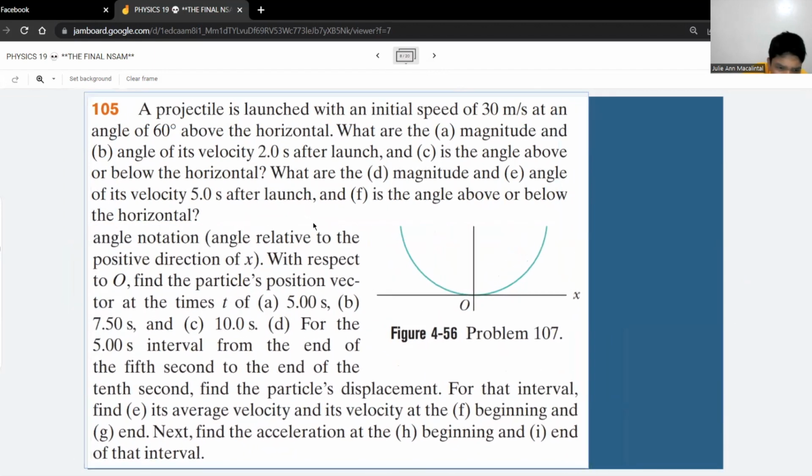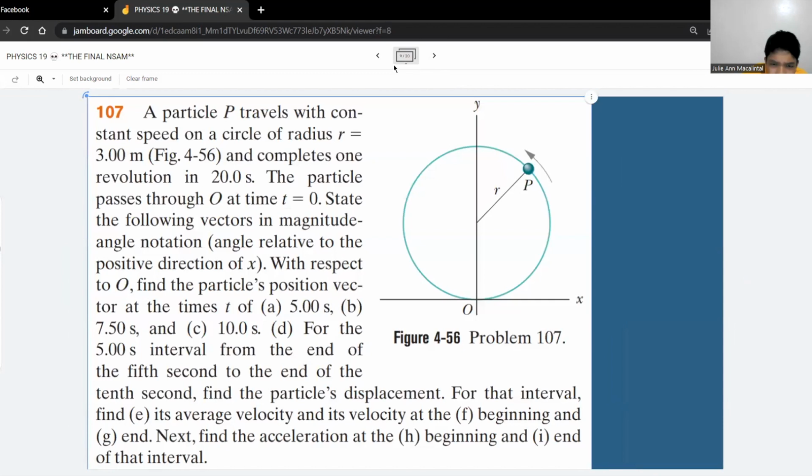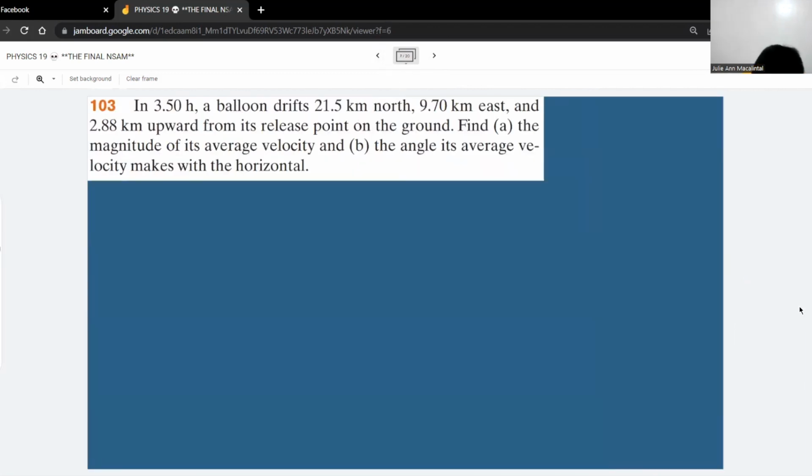Opening ko yung next problem. So, this is 103. Okay lang sa akin na kilometer per hour yung units.